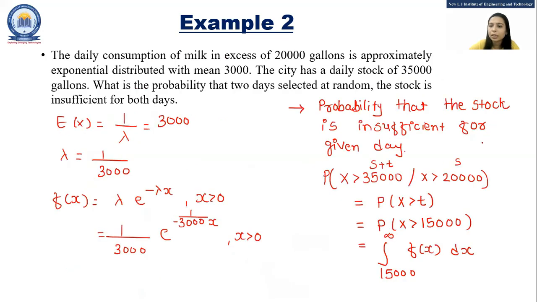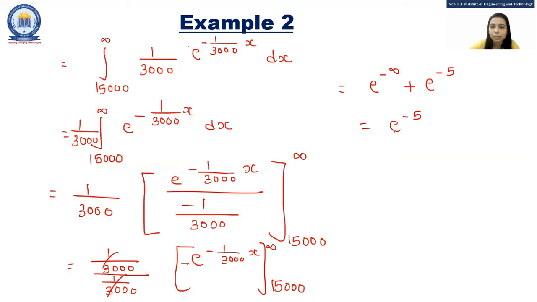Now this is the probability that the stock is insufficient for 1 day, but they ask for the stock being insufficient on both days if we are selecting 2 days.